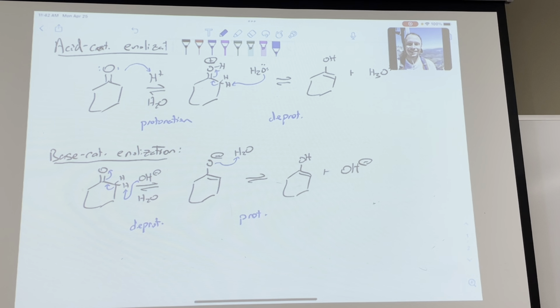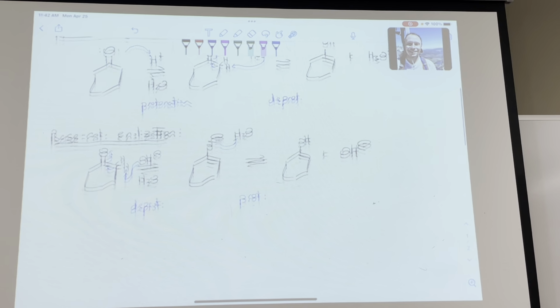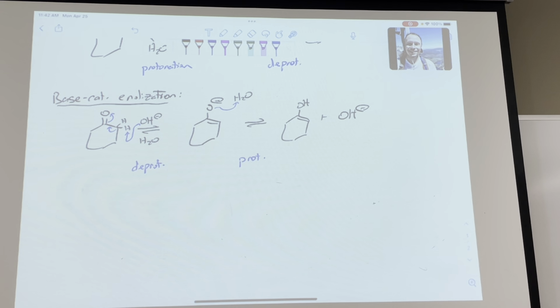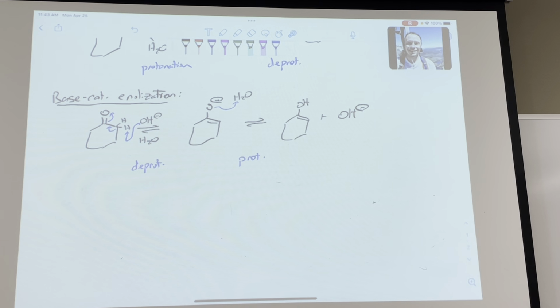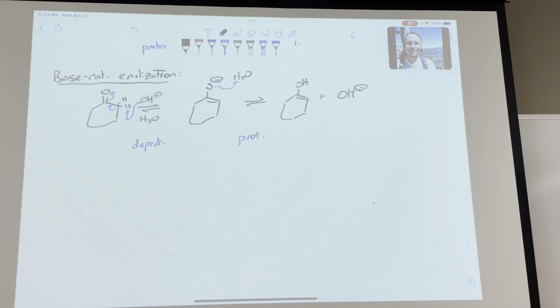Now, I think it's important at this point to look a little bit more specifically at this first step of the mechanism, the hydroxide going to grab the proton from the alpha carbon. I mean, if you think about that, what we're doing here is we are deprotonating a hydrocarbon. And that should seem a little bit unusual. Let me show you something just in a way of an analogy.